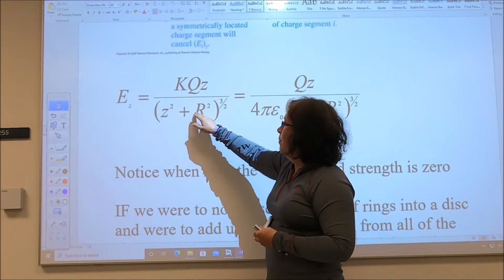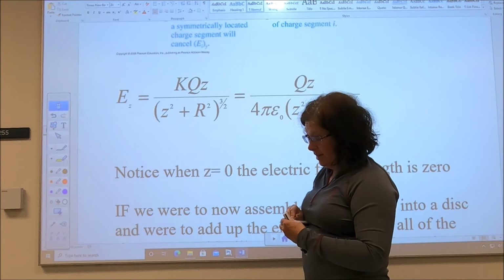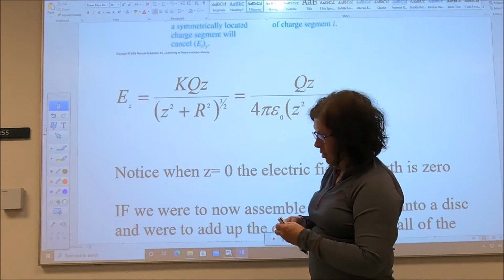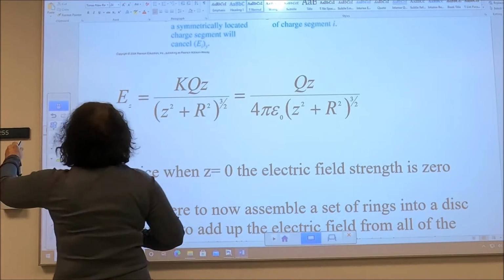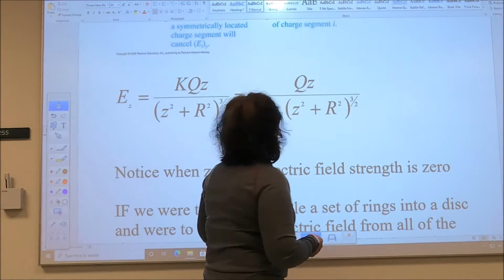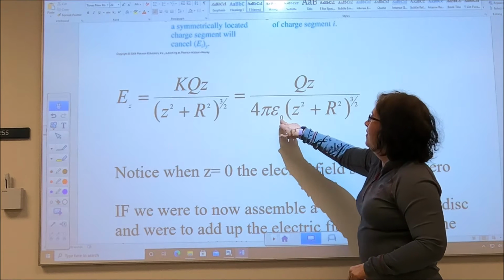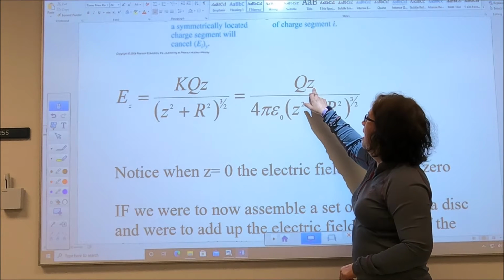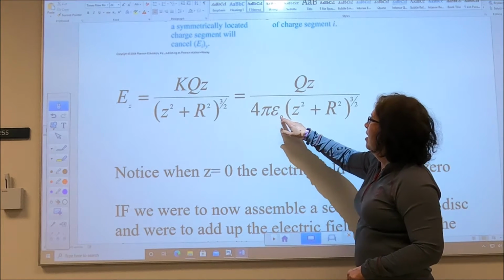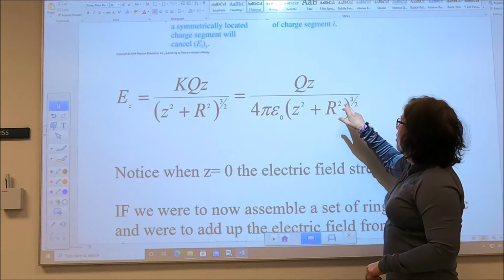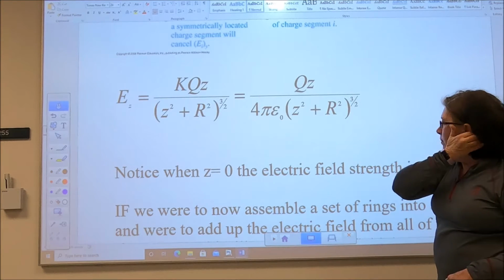Z is our distance from the plane, R is the radius of the disc. Now, if we write it in terms of epsilon 0, we get Q times Z over 4 pi epsilon 0 times Z squared plus R squared to the 3/2 power.